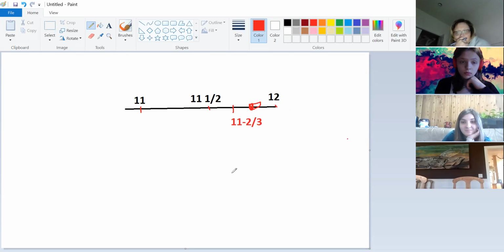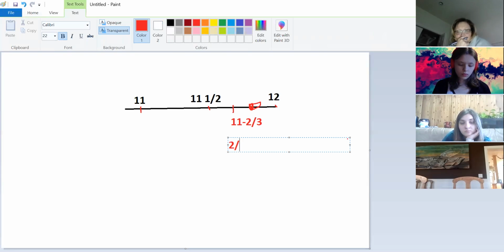So one way of doing it would be: this is 2/3 of 1/2, so it would be 2/3 times 1/2, which becomes 2/6 or 1/3, right?